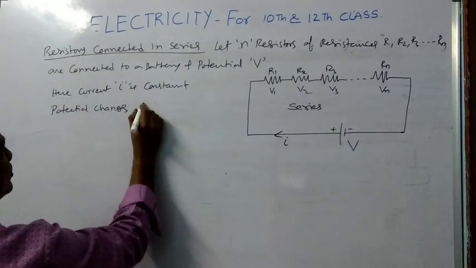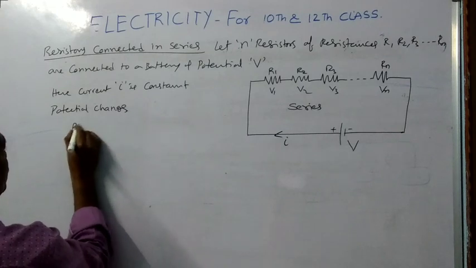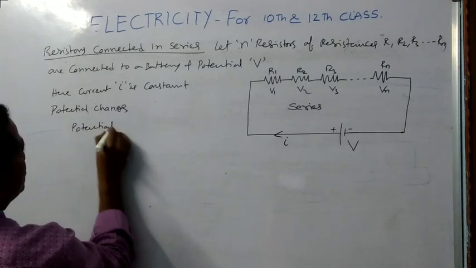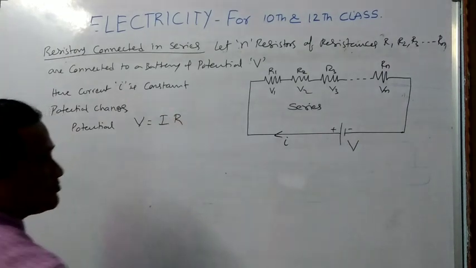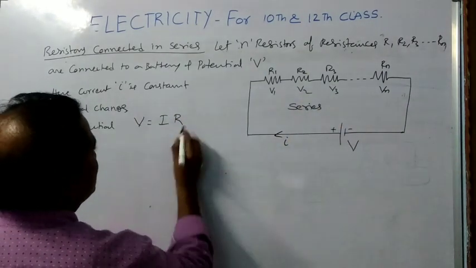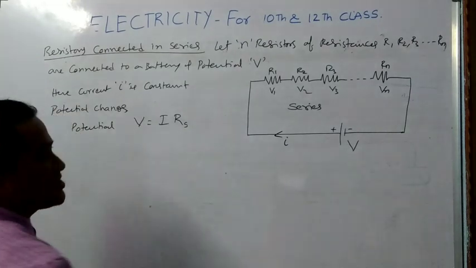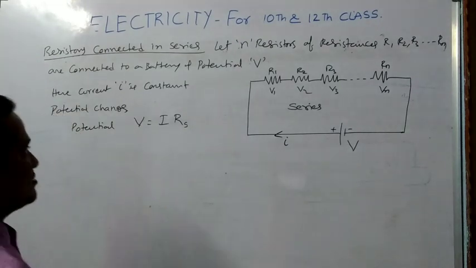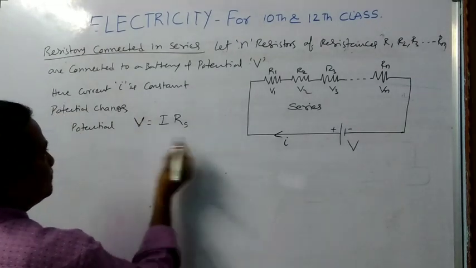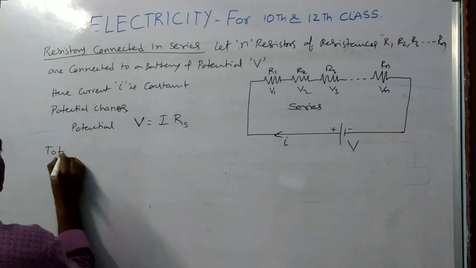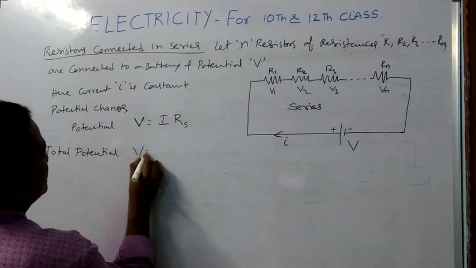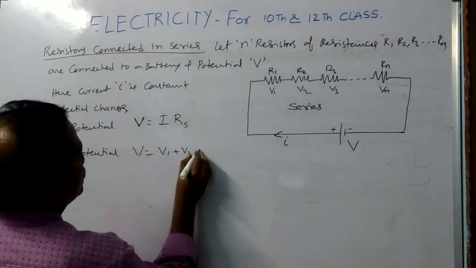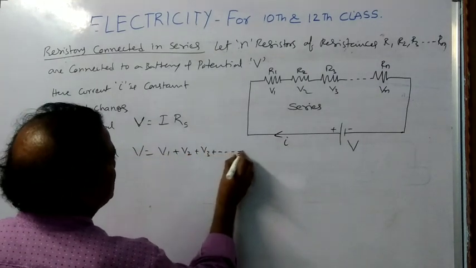As you know, what is the formula? Potential V is equal to, according to Ohm's law, IR. Here these are connected in series, so simply you can say I Rs. So total potential, we can write V is equal to V1 plus V2 plus V3 plus and so on plus Vn.